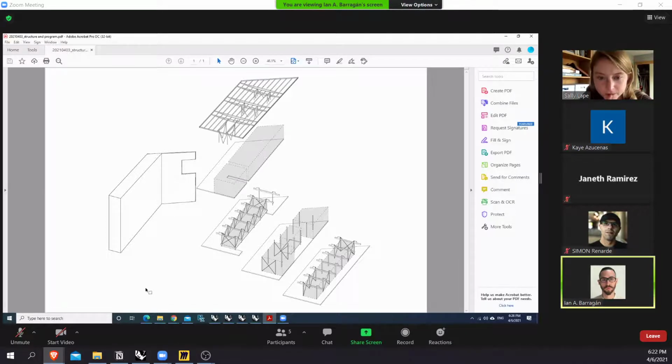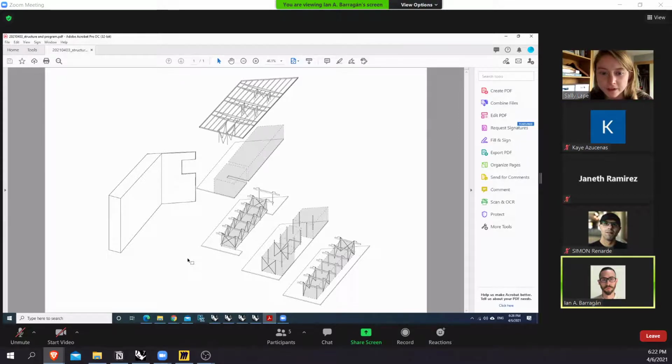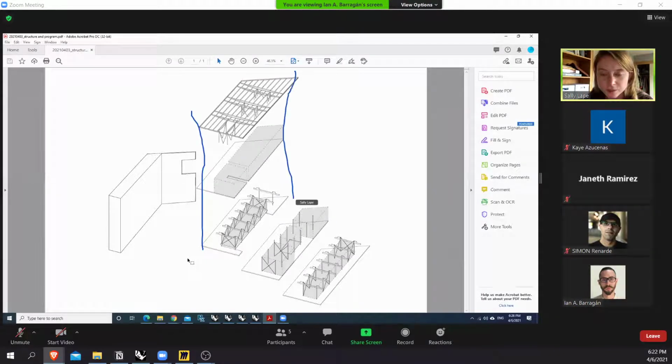Yeah, I think something like this would be a great solution for that exercise. I will say the way you have it now, I'm confused about how it's exploded. It seems like this is being exploded upwards, but then are these two elements that make up this?